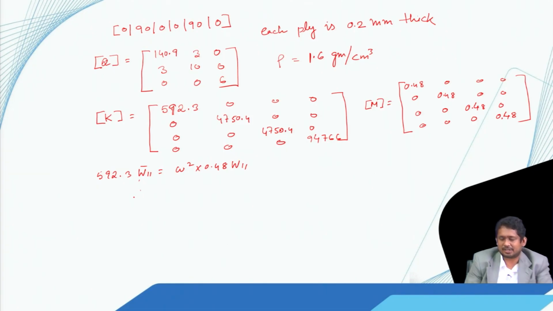If they were coupled, that is also not a problem. We could have just solved the eigenvalue problem as we solve it and found out the 4 values of omega square. We get omega square and then we can take root of that and then we get omega. Those are the natural frequencies.